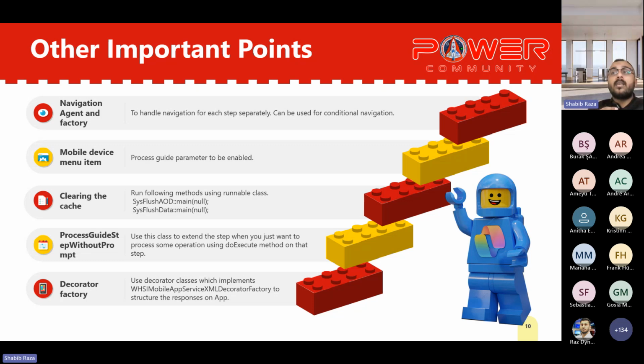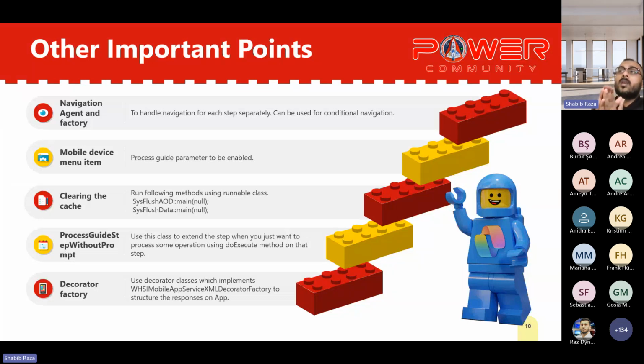The next important thing is mobile device menu item. It is not related to AOT. It is not related to the X++ development. It is related to the front end of the finance and operation. But without this important point, we cannot complete our development. Why?